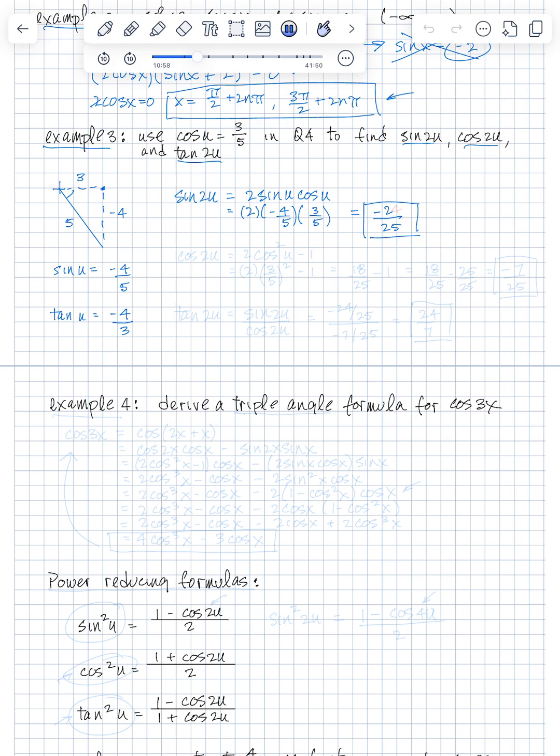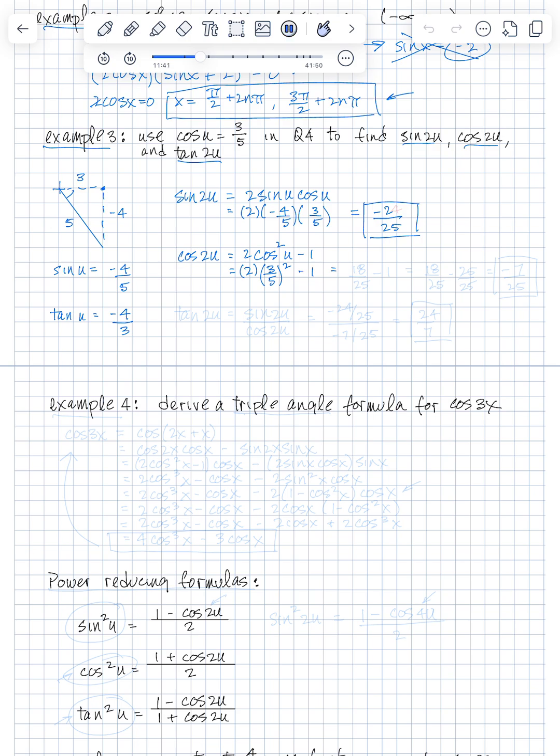Now we'll do the cosine of 2u. And so which equation to pick, it doesn't really matter. Let's just use 2 cosine squared u minus 1. So 2 times cosine squared u, well, the cosine u is 3/5, so it's 3/5 squared, and then minus 1.